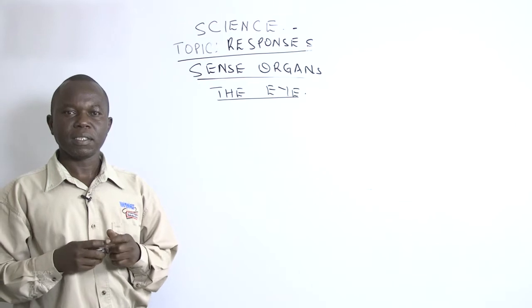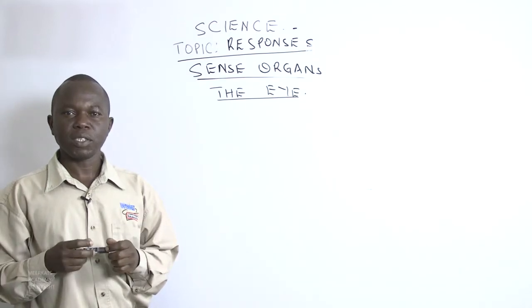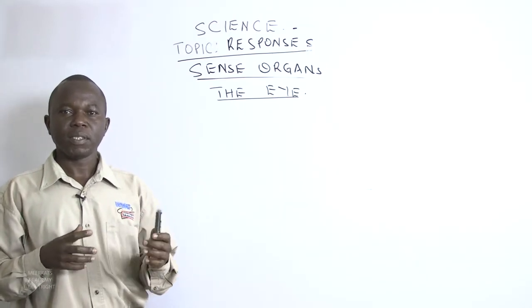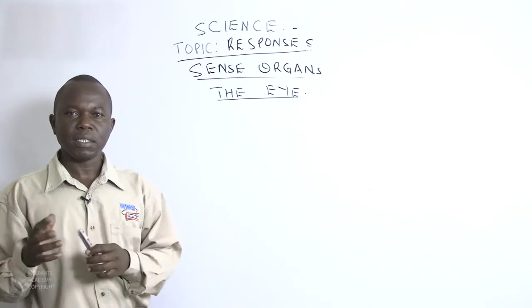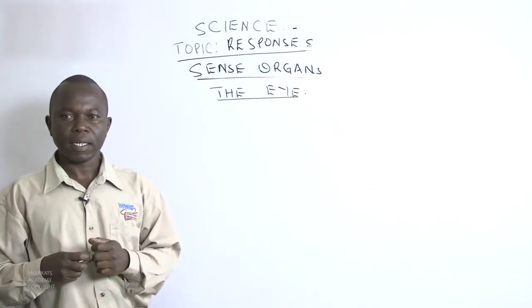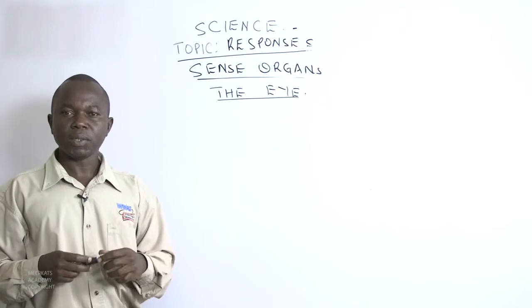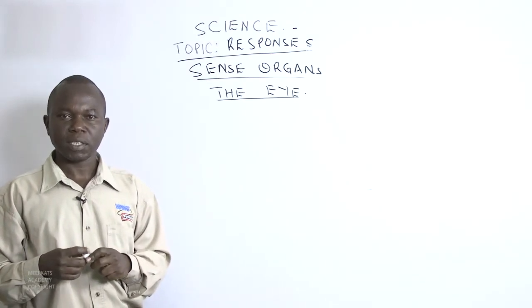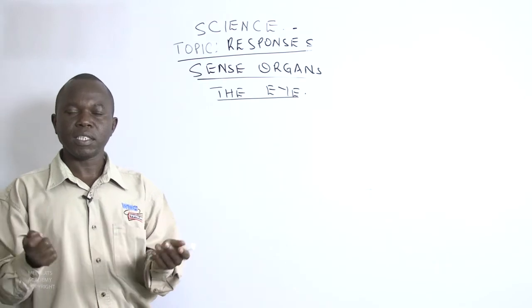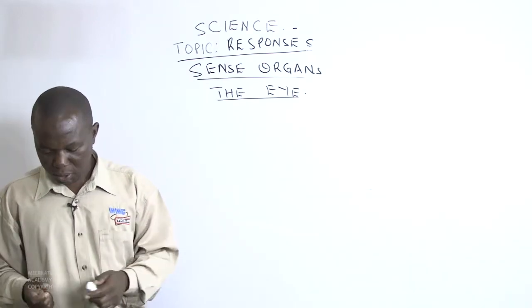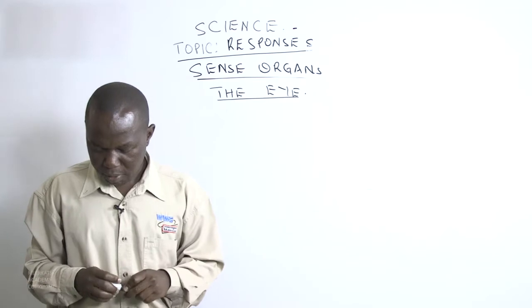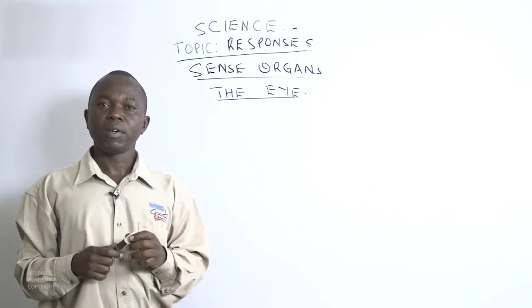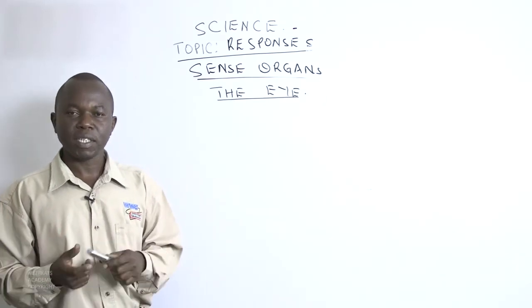You realize that there is a transformation in the environment. It was light, and then it has become dark. So the eye is one of those organs or structures that is very important in detecting or telling what is around us. So most people rely on the eyes for several things.